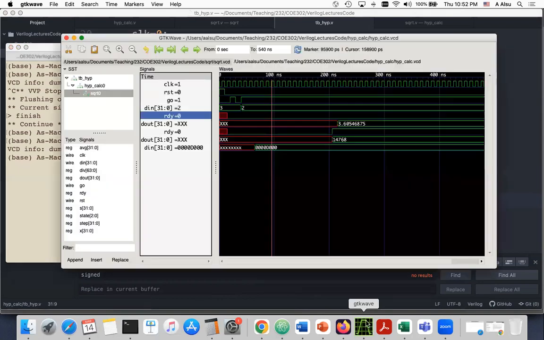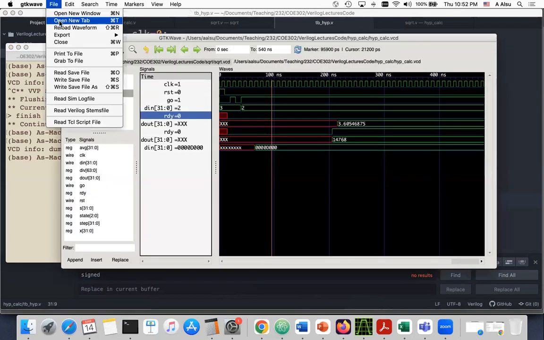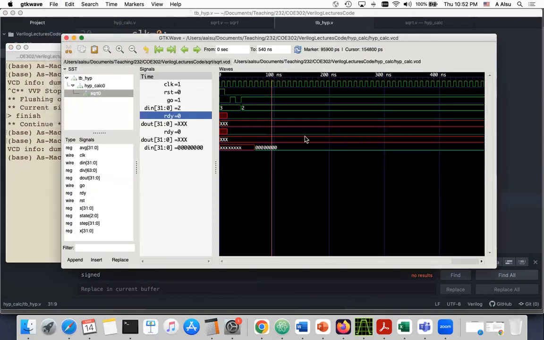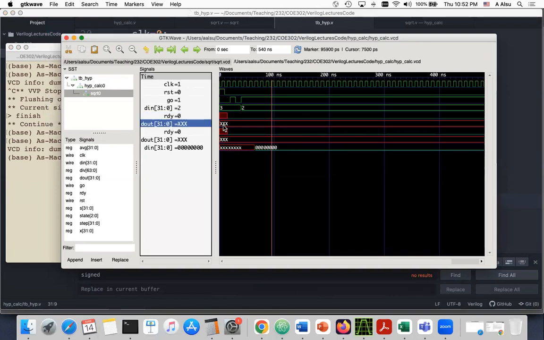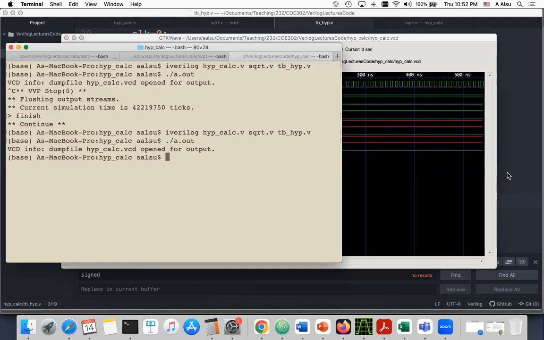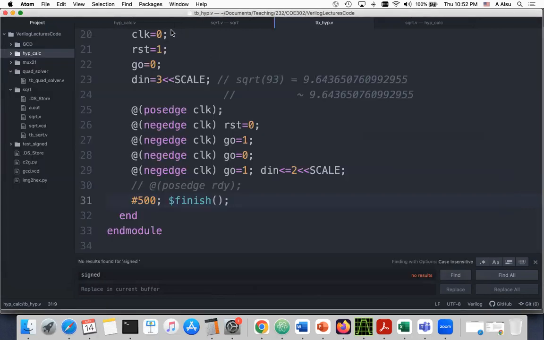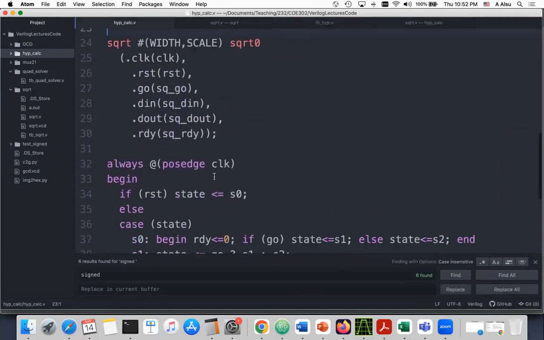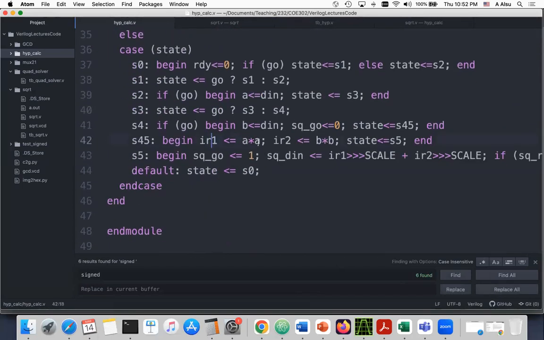So now I'm going to reload, and you can see that the out is completely disconnected here. Probably the reason is something silly. Let me see what's the reason here.